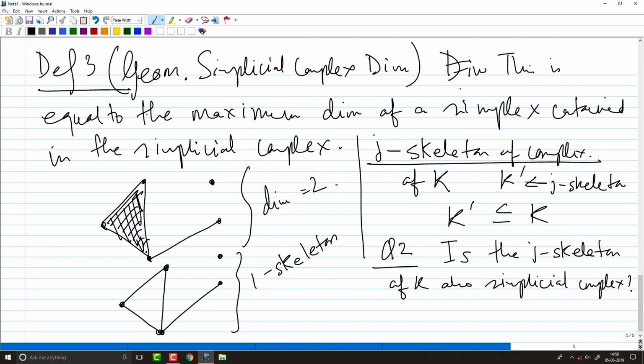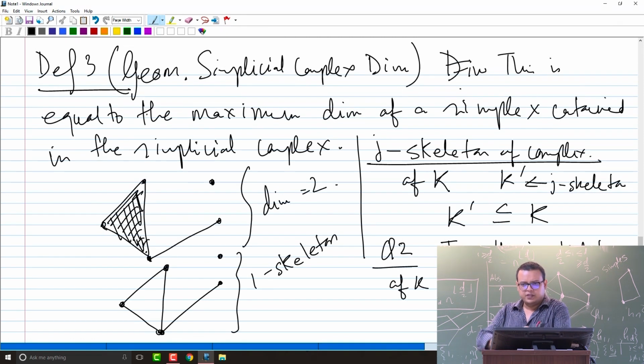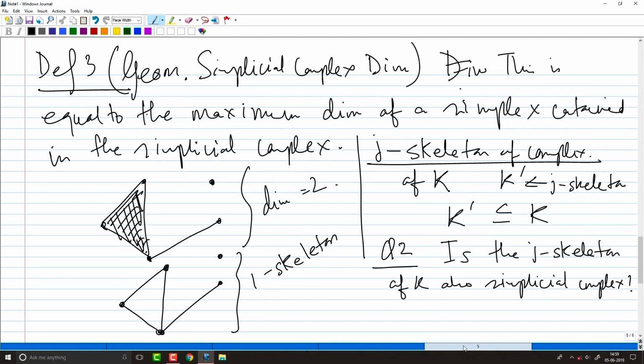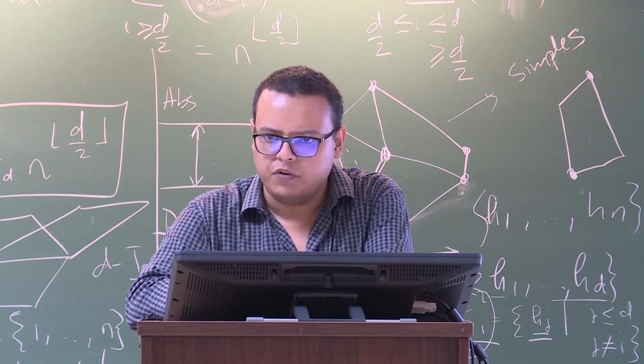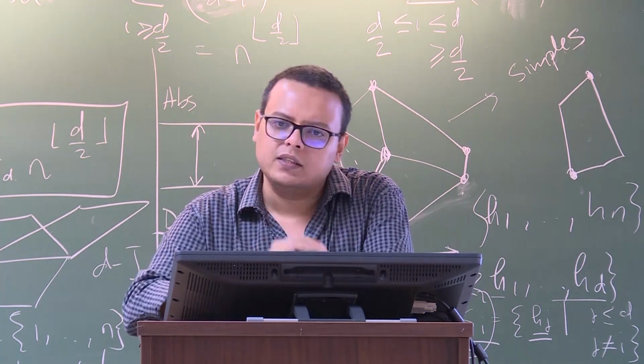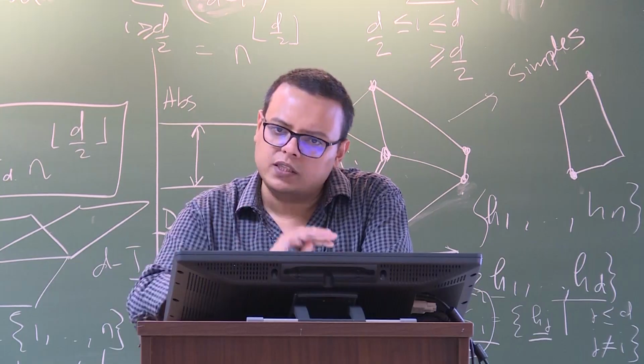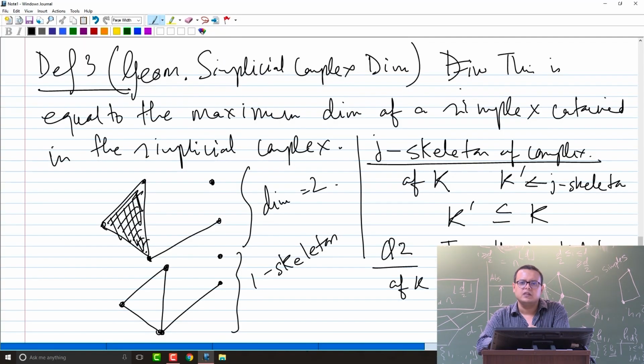Will that also be a simplicial complex? Simplicial complexes are collections of simplices, right? So, what will the jth skeleton be? It will be a subcollection of K. I will extract a subset out from K. What are the simplices I will take? I will take all the simplices from K whose dimension is less than or equal to j. That will be defined as the jth skeleton.